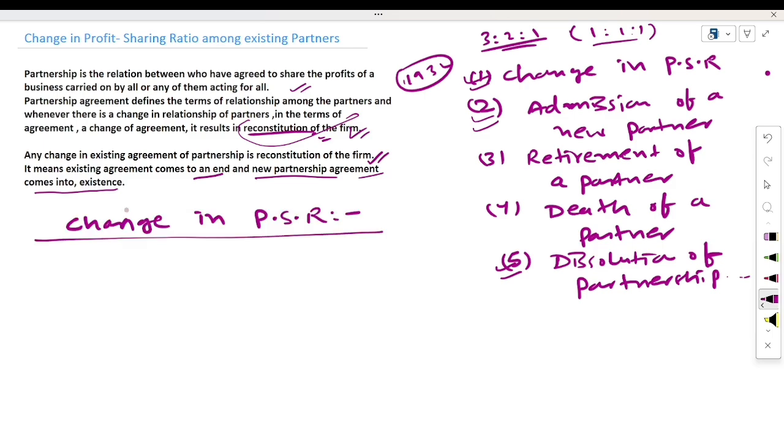First of all, we will have to understand what topics we will learn in this chapter. First of all, we will learn determination of sacrificing and gaining ratio.